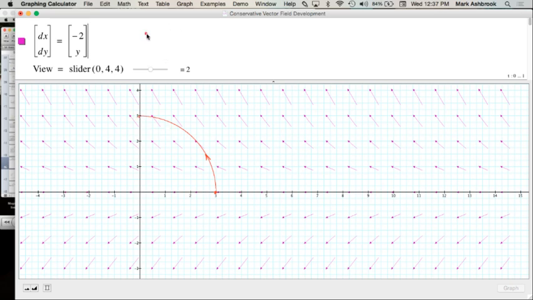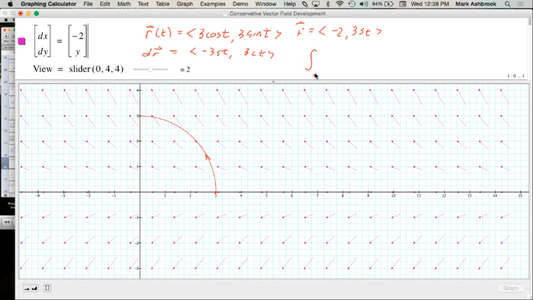So what will our r be? r of t will be 3 cosine t, 3 sine t. dr will be negative 3 sine t, 3 cosine t. Our field, in terms of t, is negative 2y and 3 sine t.